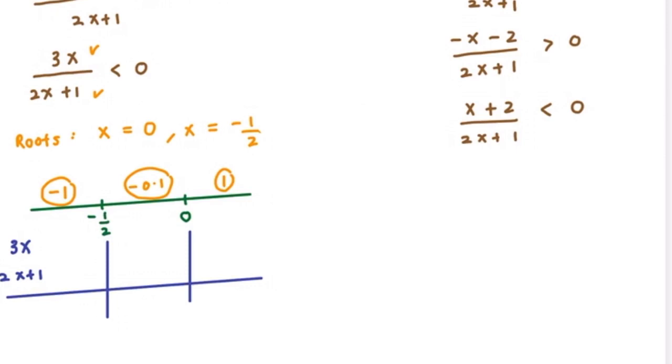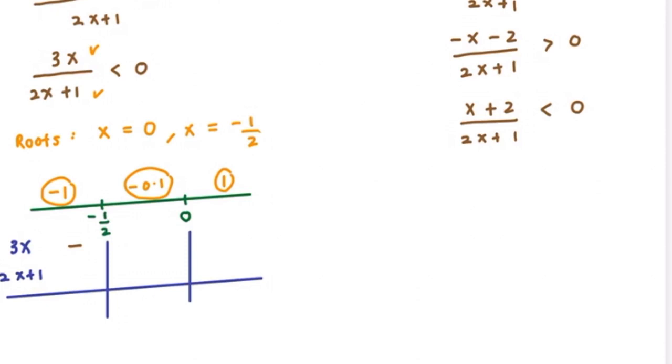And then what to do with these 3 values? Substitute into the first factored form and the second factored form. For example, negative 1, if you substitute into 3x, what is the answer? Negative 3. So you are having a negative answer. So write the negative sign here.